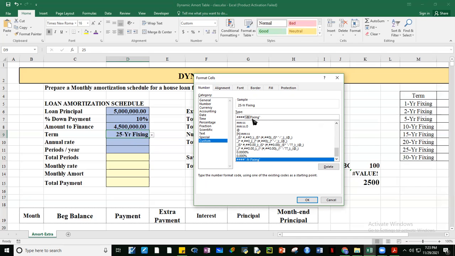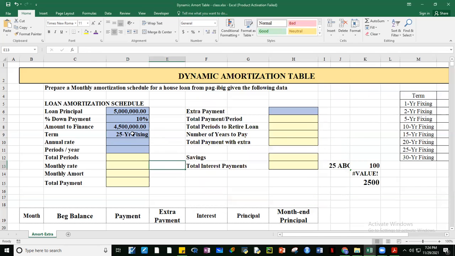In other words, guys, this year fixing text will be attached to whatever number is here, and it will be considered a number. It is just text in quotes, but it's not considered text; it's considered a number. That's why this is treated as a number. This is 20. So what's the implication? We can use it in formulas even though it has year fixing.